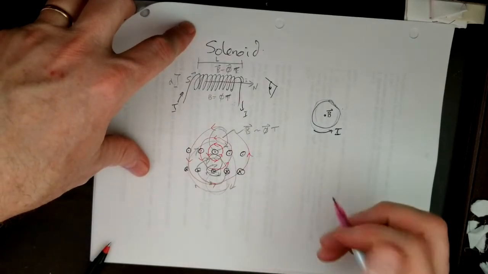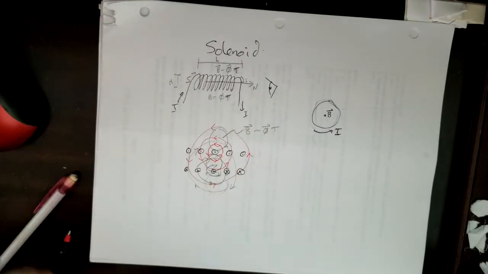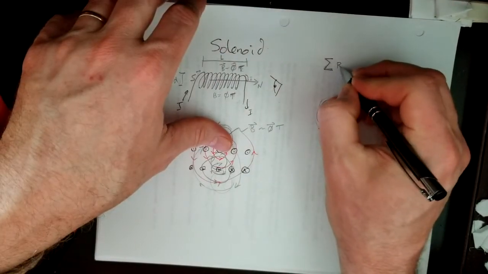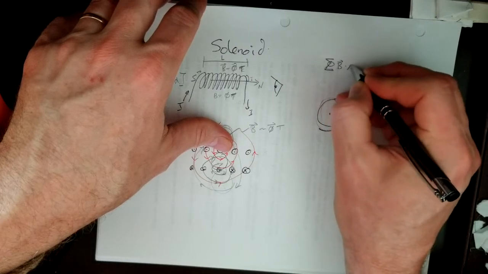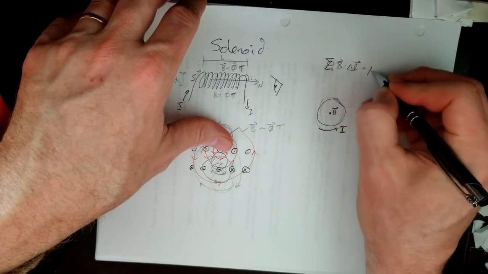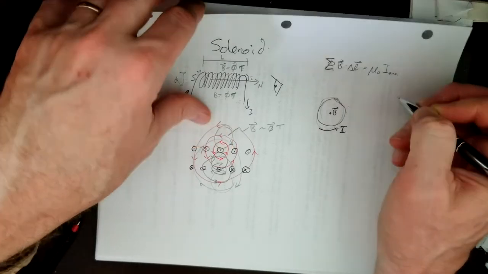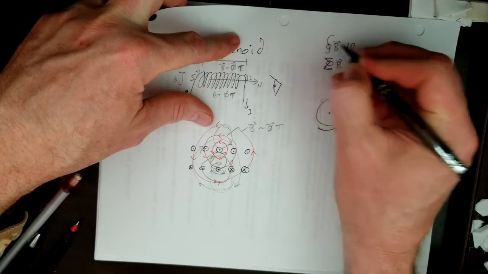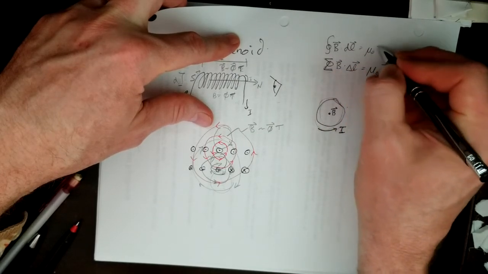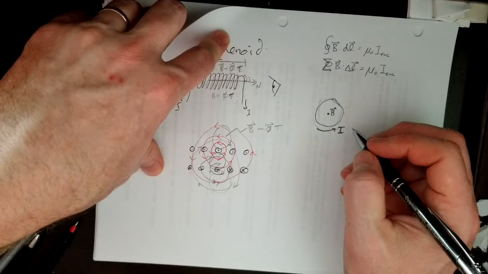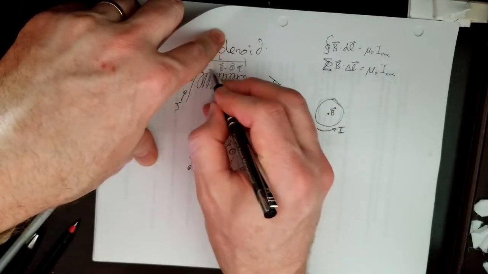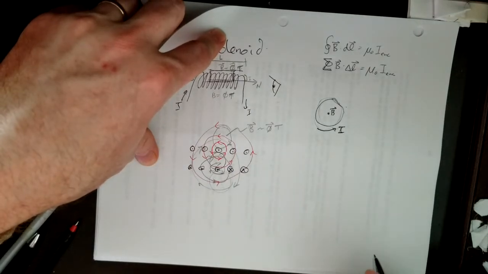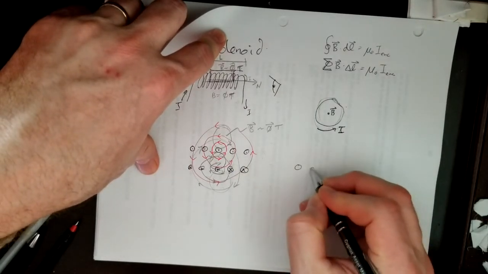So what I'm going to do is employ Ampere's law. Ampere's law states that if I add up the magnetic fields around a closed loop, that's going to be equal to mu naught times the enclosed current. Or from a calculus point of view, the closed loop integral of B dot dl is equal to mu naught times I enclosed. What I'm going to do is draw a loop that basically covers a whole bunch of stuff. My loop is going to actually be a rectangle. So I've got a bunch of wires up here.